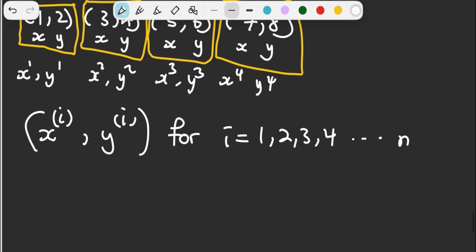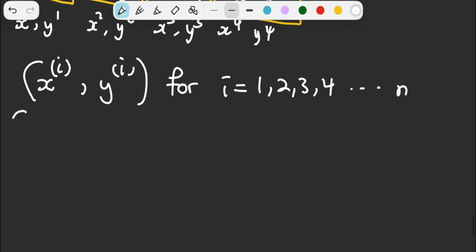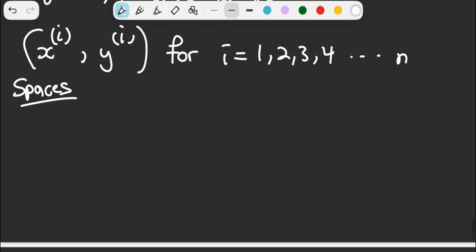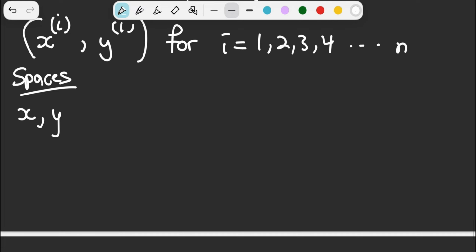Okay. So that's good. Another thing that we need to know are basically spaces, right? So what does this mean? If you see this symbol like this, it means a member of.